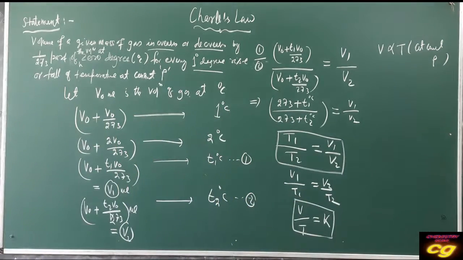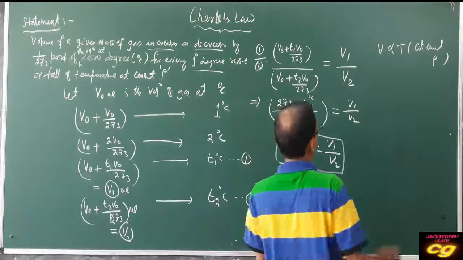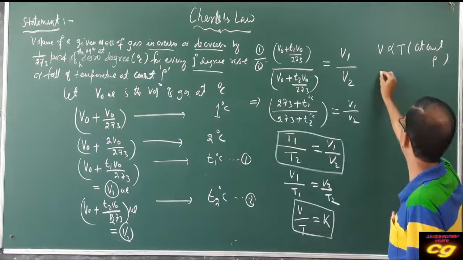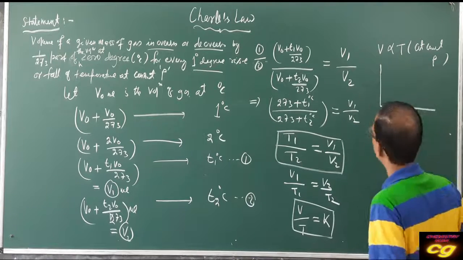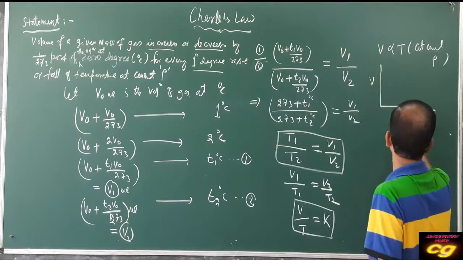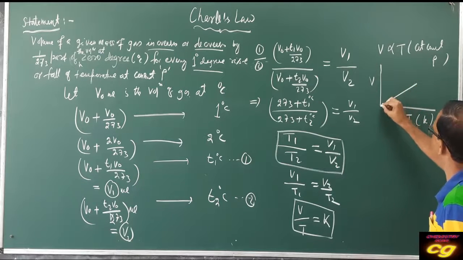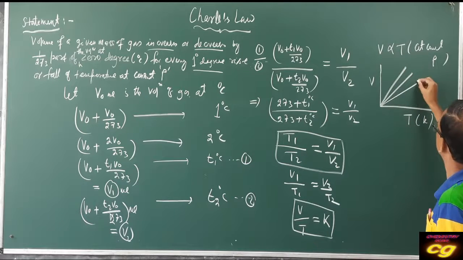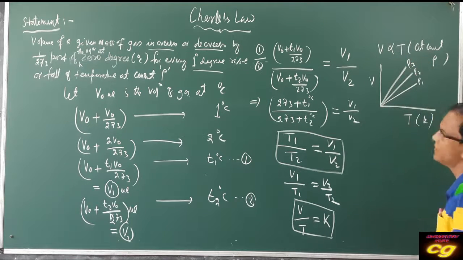Then how can you express this law graphically? Already we have discussed. If you draw a graph of V versus T, the absolute temperature in Kelvin, the graph will be like this. Suppose this is P1, this is P2, this is P3, different pressures.